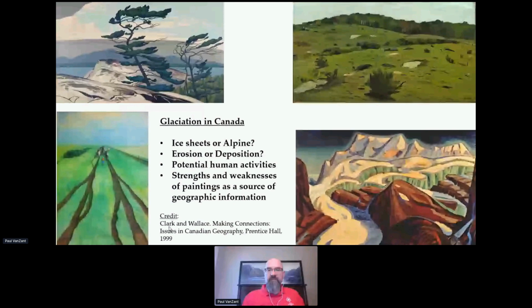And again, that allows us to explore our visual literacy skills, to recognize that, by its very nature, art tends to accentuate some things and in some cases eliminate others. And is that a positive or is that a negative thing from a geographic perspective?